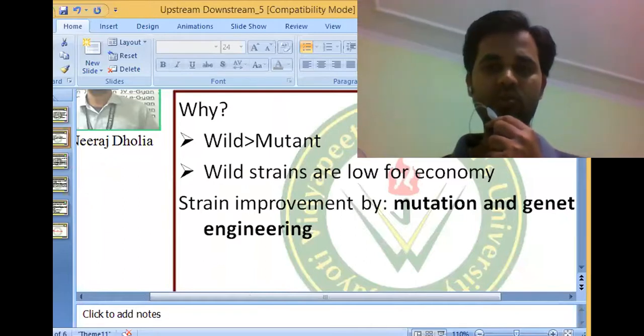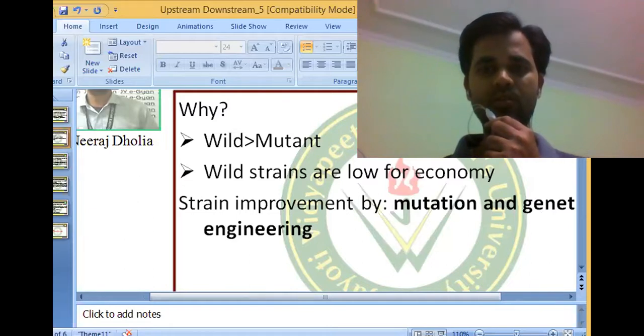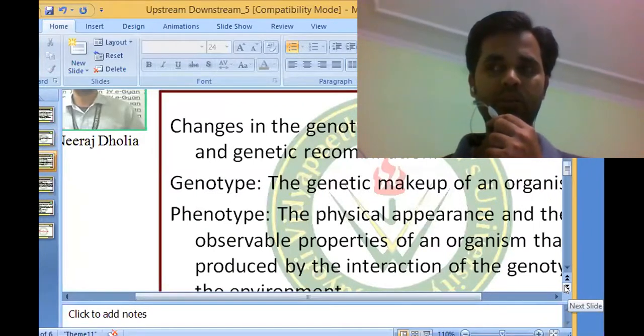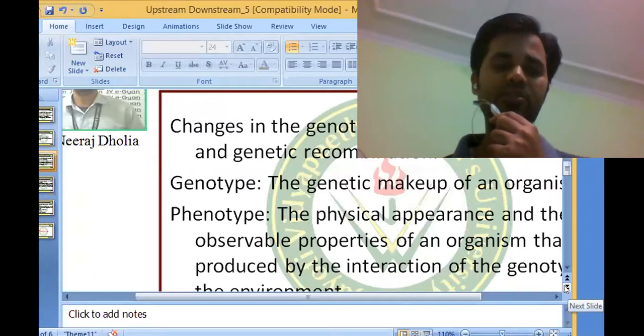Okay, so we use the strain improvement process that changes its genetic makeup, and it becomes useful for us. By doing strain improvement, we generally change its genotype.